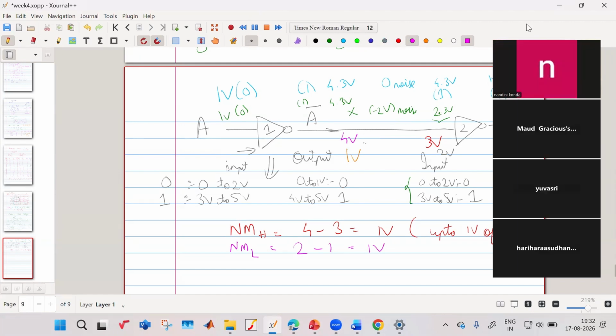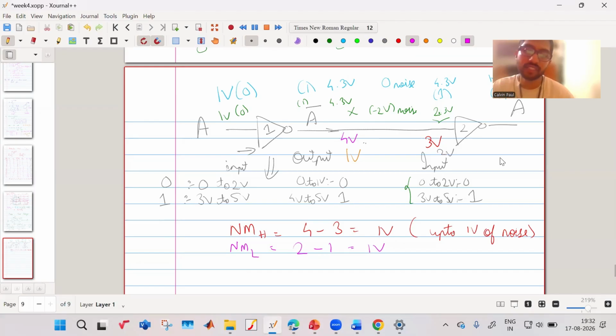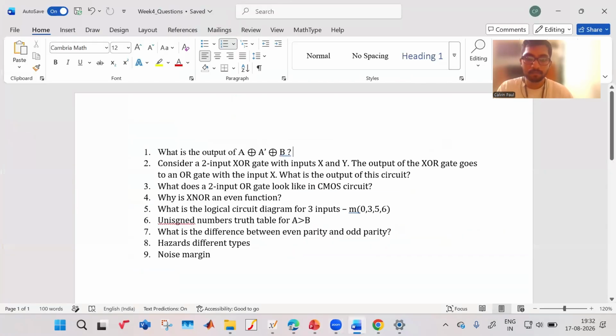These are simple questions which come up about the noise margin for detecting high, noise margin low, etc. So you can understand how to solve it. That's what we did. We checked the noise margin.